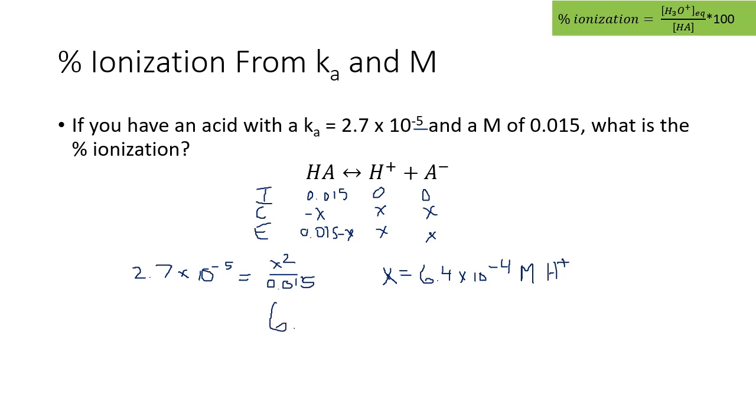So we're going to put that 6.4 times 10 to the negative 4th over the 0.015 multiplied by 100, and we get 9.2% ionized.